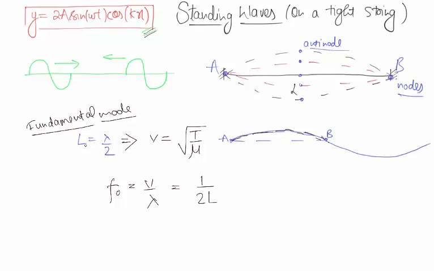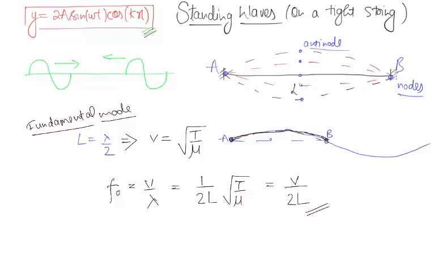From here lambda equals 2L, and root T by mu is my velocity. So f naught equals 1 by 2L into root T by mu. You can simply remember it as v by 2L. So this is the fundamental mode of vibration for the string, and the fundamental frequency comes out to be v by 2L.